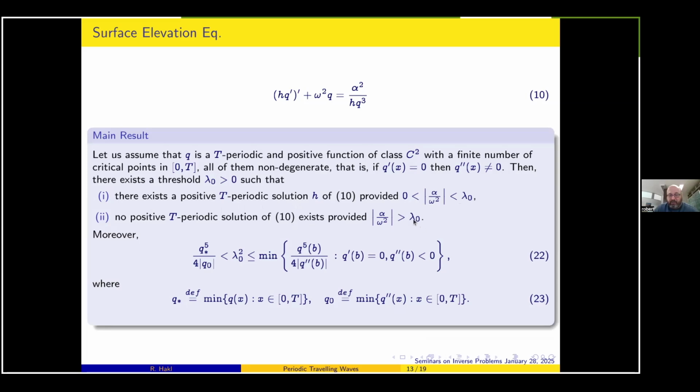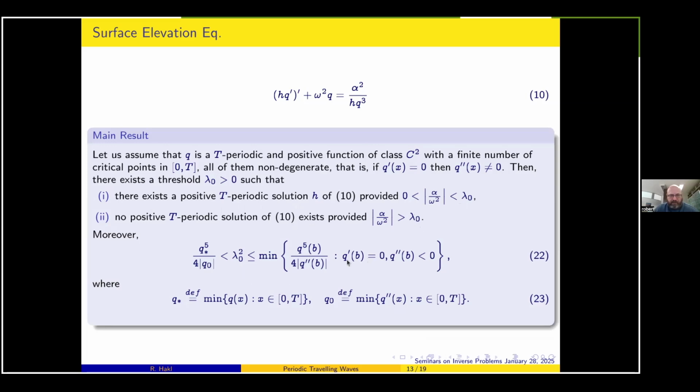This lambda 0 is the minimum of all these thresholds lambda AB, where lambda AB is the corresponding critical value for the subinterval AB. So we take the minimum of all these lambda AB.